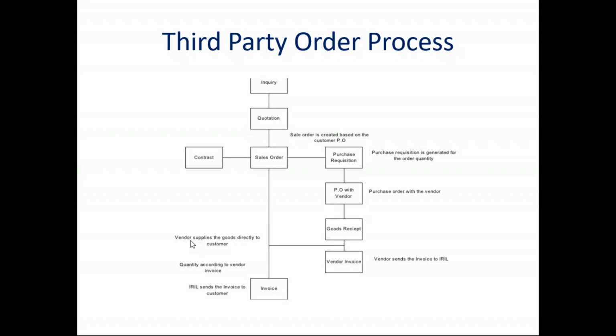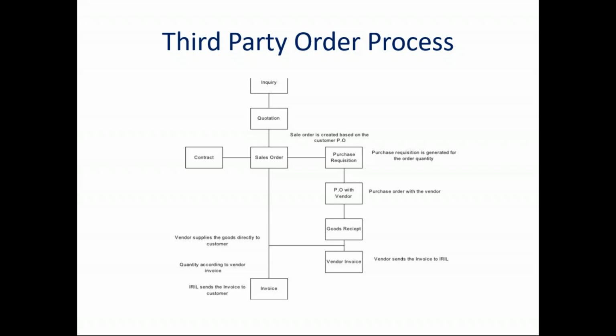You understood? From the sales order, you create a purchase requisition. From the purchase requisition, you create a purchase order. And from the purchase order, your vendor will send the goods. To whom will the vendor send the goods? The vendor will directly send the goods to your customer.